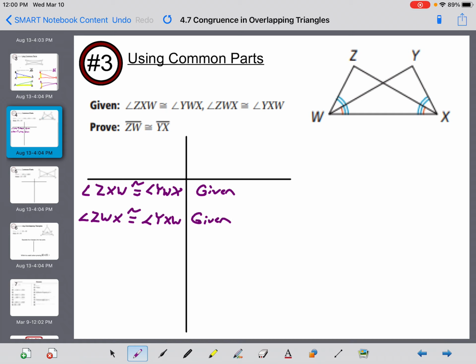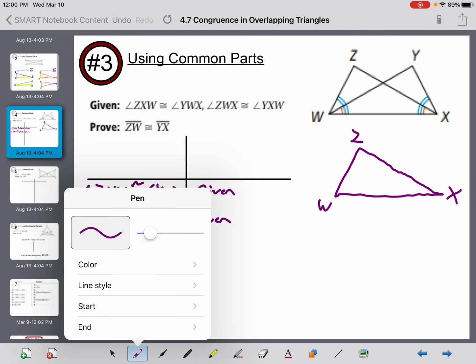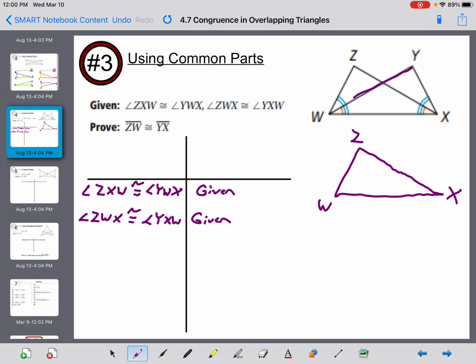Now, what I'm going to attempt to do is to separate these to kind of help us out a little bit. Here's WZX. Okay. And here is YWX.